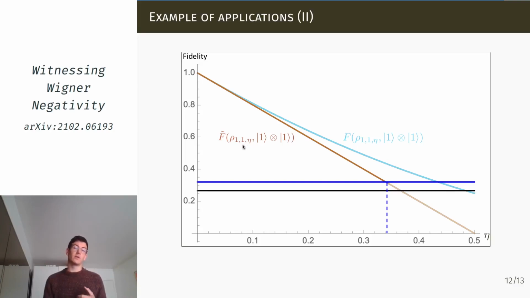And so the appropriate witness is actually 1-1, okay? And so we computed the range of loss for which we can detect Wigner negativity. And you see, for instance, that up to this value, you can detect Wigner negativity because you have a fidelity that is greater than the bound, the threshold value. Okay.